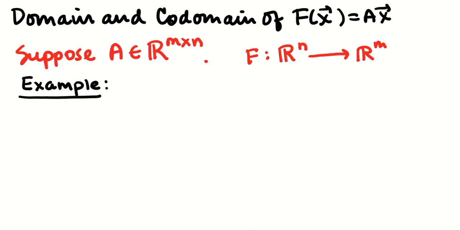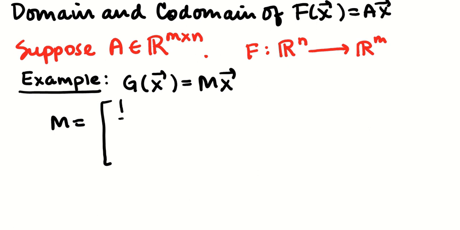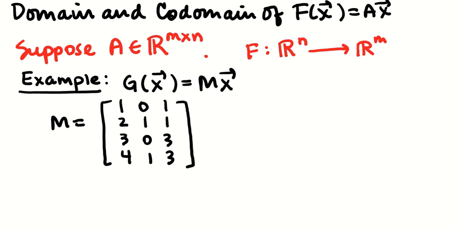And if we have g of x is this matrix M times x, and matrix M is 1, 2, 3, 4, 0, 1, 0, 1, and 1, 1, 3, 3. Okay. That'll work.